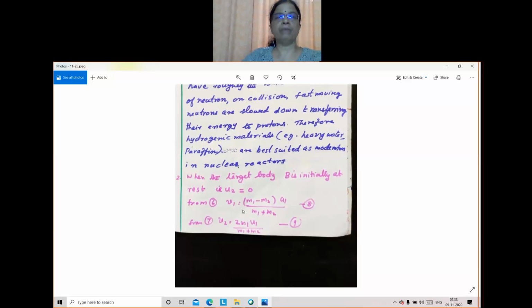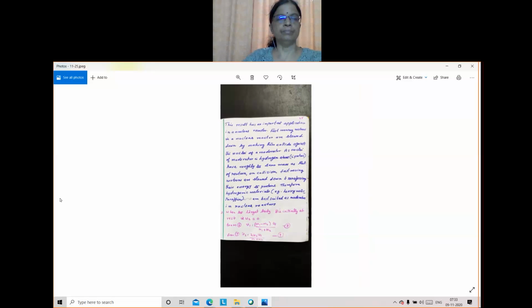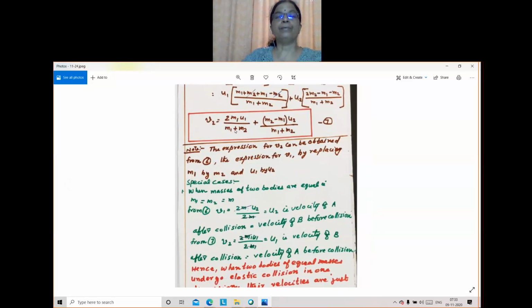Similarly, V2. The second body is at rest initially, so U2 equal to 0. This term becomes 0.